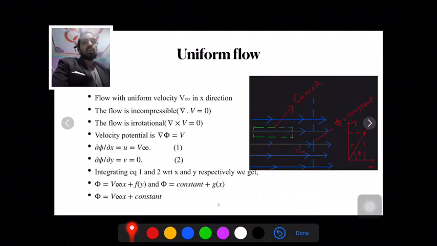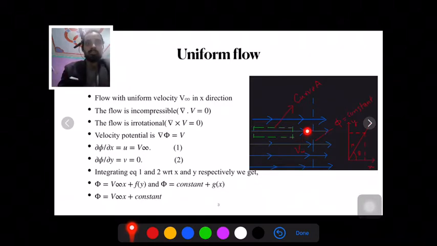Okay, so velocity potential is basically del phi is equal to V, that is the gradient of your velocity potential gives you your velocity.